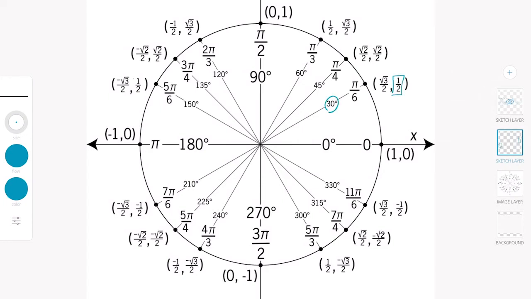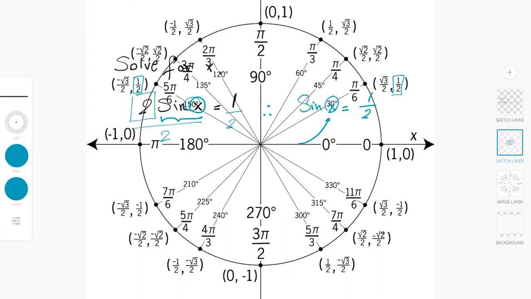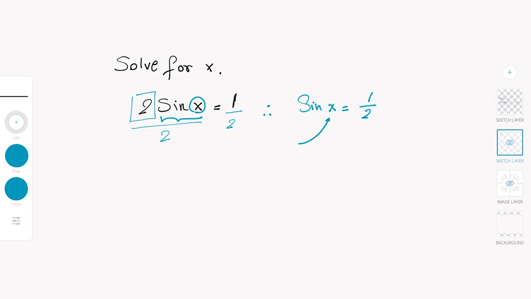We also have 1/2 at 150 degrees, or 5 pi over 6. So we have 2 solutions. If we go back to our equation, then x will be pi over 6 and x will be 5 pi over 6. So we have two solutions for sine of x equal to 1/2.